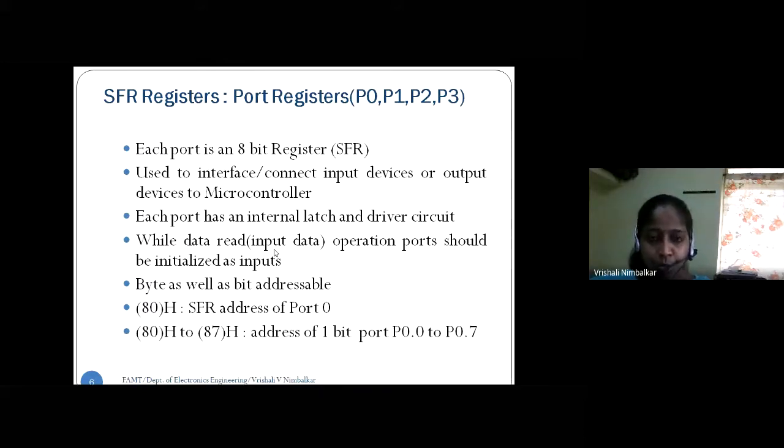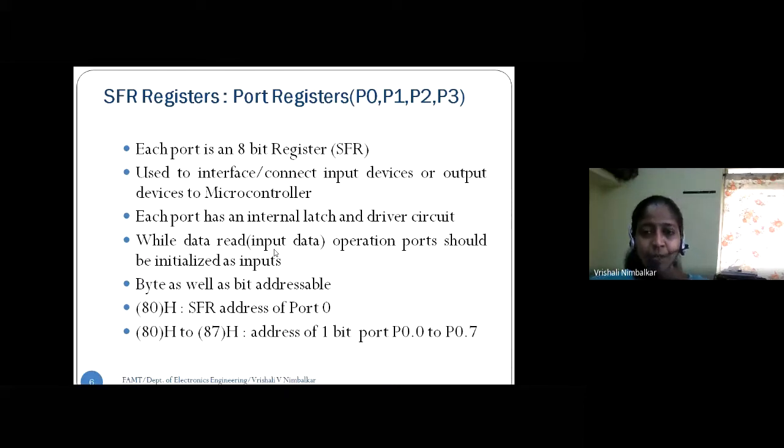So how should my program be? I should first write MOV P0, #FF hex, meaning I'm sending logic 1 on all the pins. And then I will read the data. My second instruction will be MOV A, P0, meaning the data from port 0 is read and stored in the accumulator.